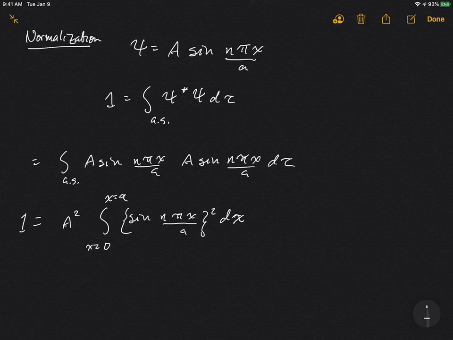Now, if you're looking for an excuse to stop, then I guess that would be a good one. But let's be resilient here and realize that x ranges from 0 to a, and therefore we end up with something that's going to be finite, and we can actually normalize.